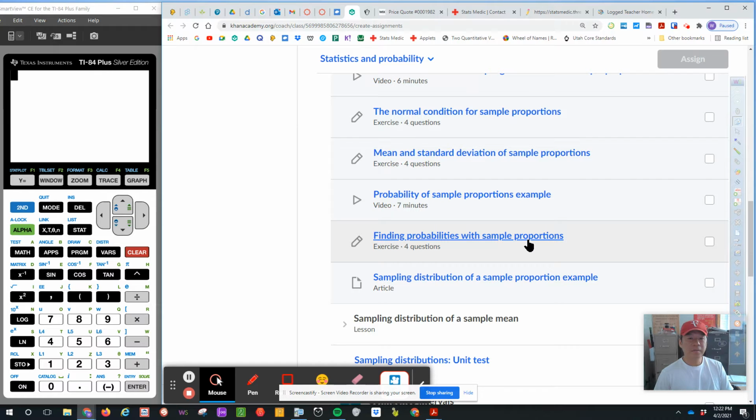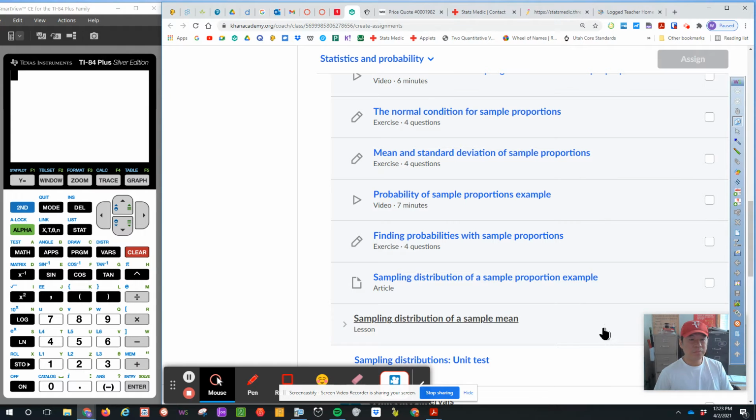So the mean of the sampling distribution of the sample proportion is actually the population proportion, and the standard deviation formula is square root of p times 1 minus p divided by n. Hope that you review that, and then we just use the normal CDF to solve the probabilities that way.